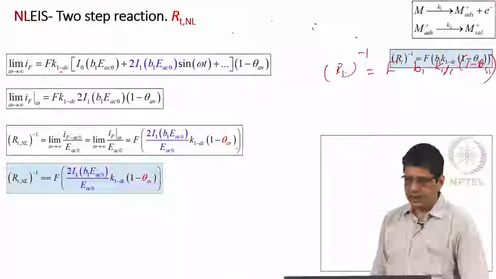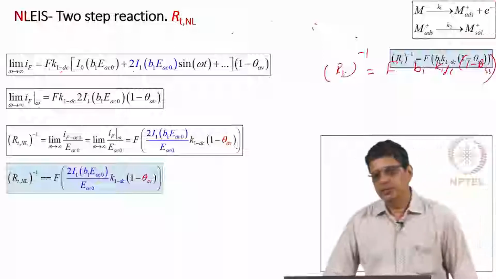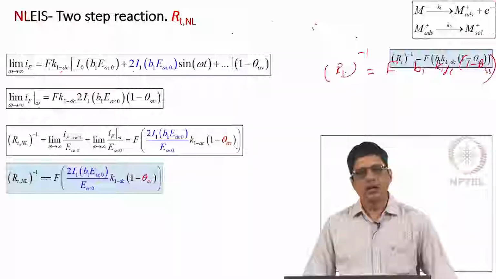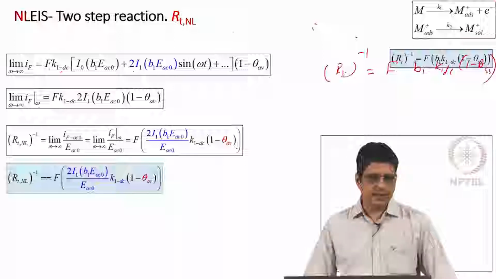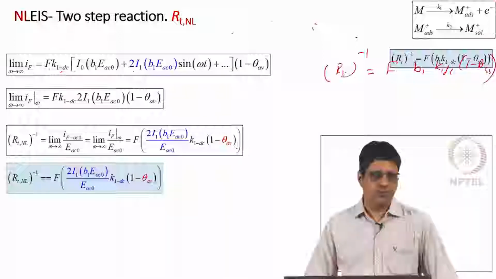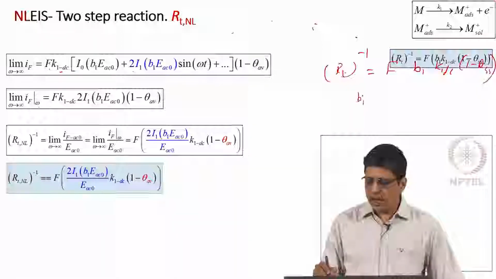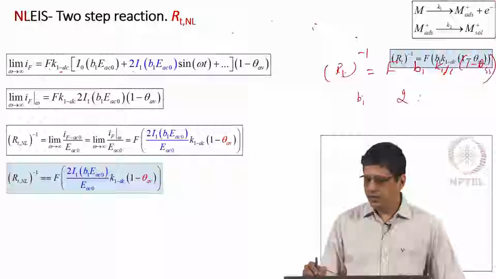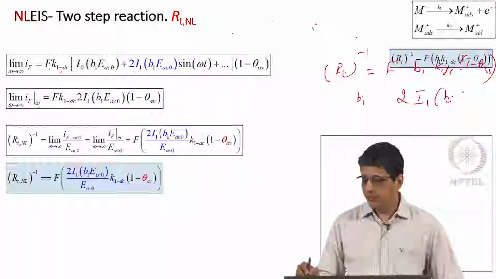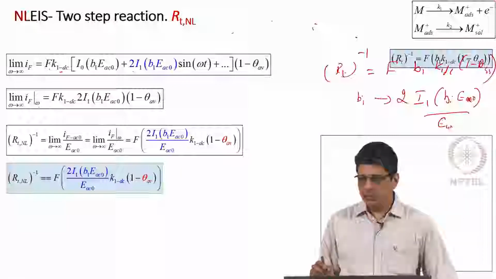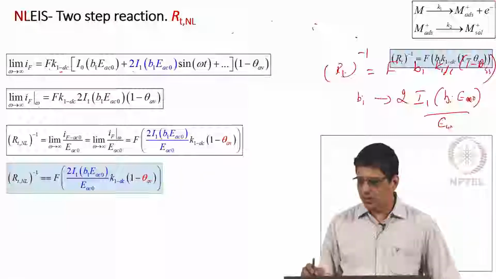So, what that means is you can write the expression for charge transfer resistance as you would do normally. Just replace theta s s with theta average and replace all the kinetic parameters B I with 2 times I 1 of B I EAC 0 by EAC 0.